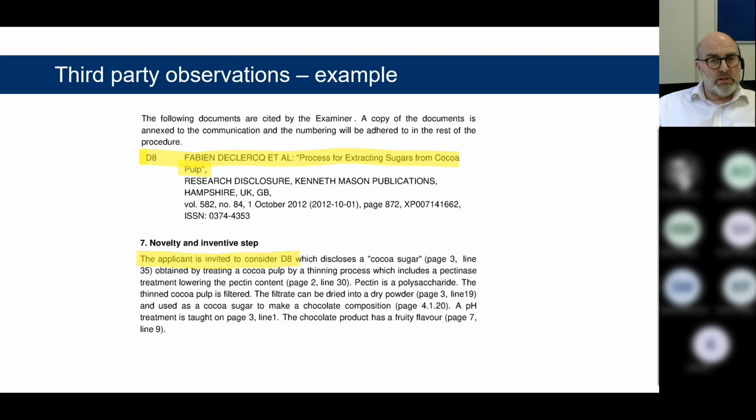And just in case you're interested, this particular patent is still going through to grant, and this document has forced the patent applicant to change the claims quite significantly before it's going to grant, so it seems to have worked. And again, that third-party observation was probably incredibly cheap to file, but it's done its job of making sure that the patent applicant isn't going to get claims that are going to be a particular problem for whoever filed those observations.